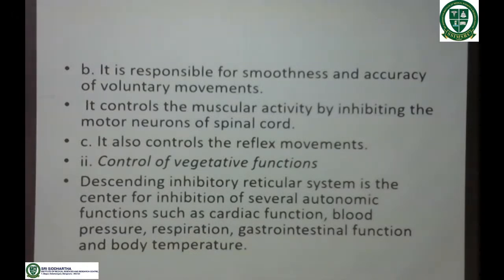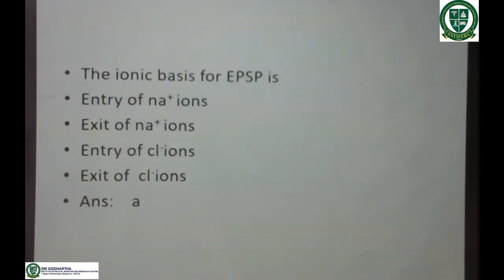Now we will see a few MCQs. The ionic basis of EPSP is which one? The entry of a sodium ion, exit of a sodium ion, entry of a chloride ion, exit of a chloride ion. The answer is entry of sodium ions.